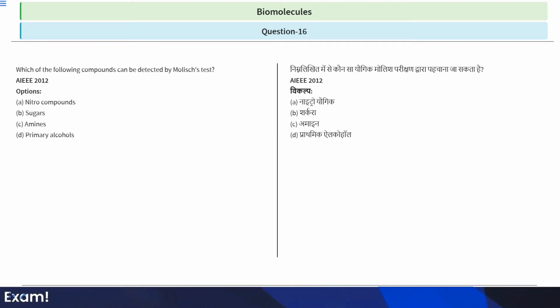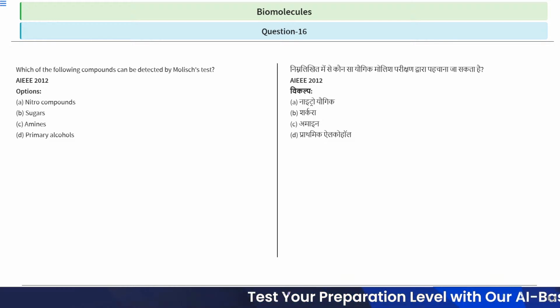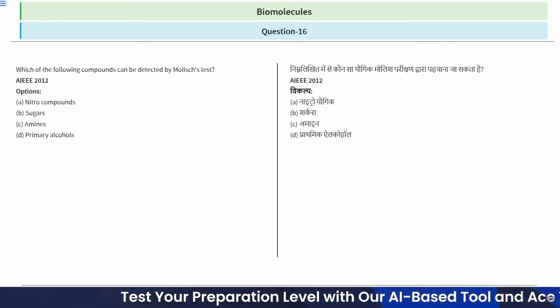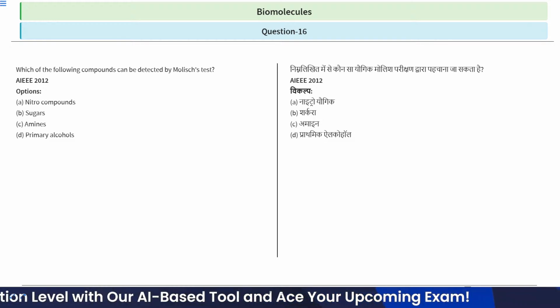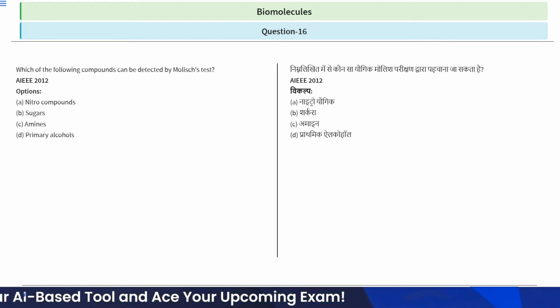Which of the following compounds can be detected by Molisch test? Which compound can be detected by Molisch test from the options? Options are nitro compounds, sugars, amines, primary alcohols.